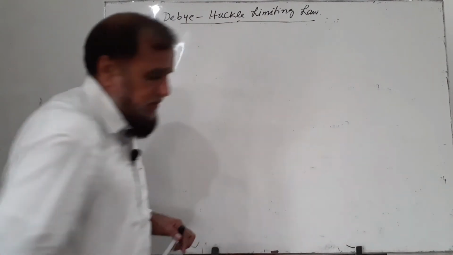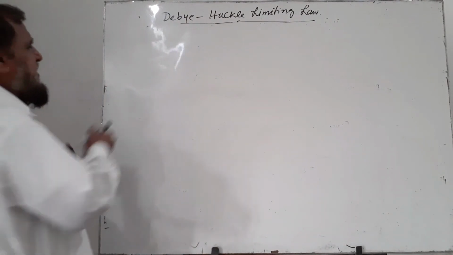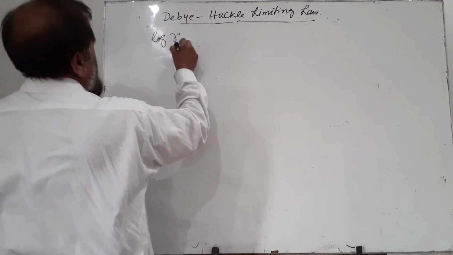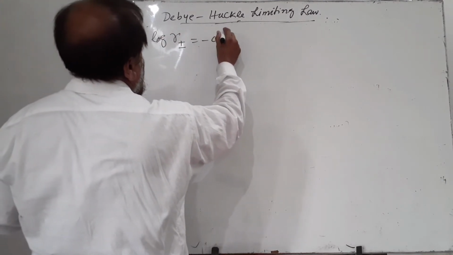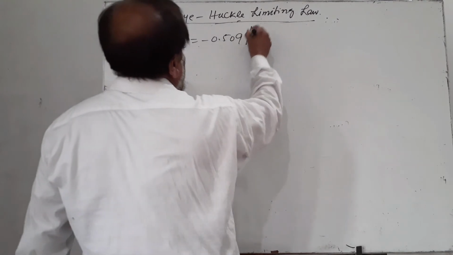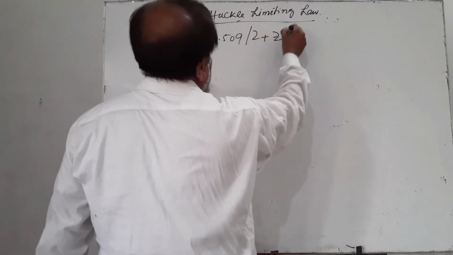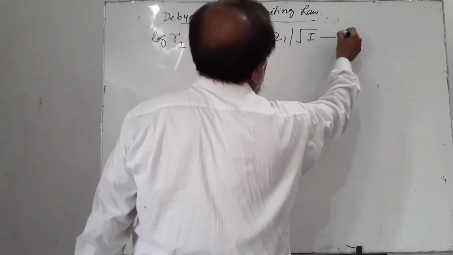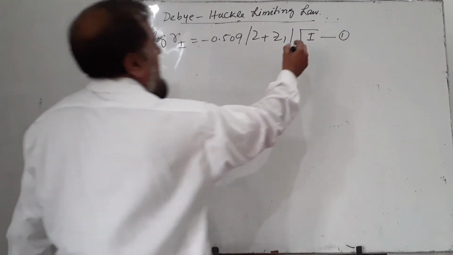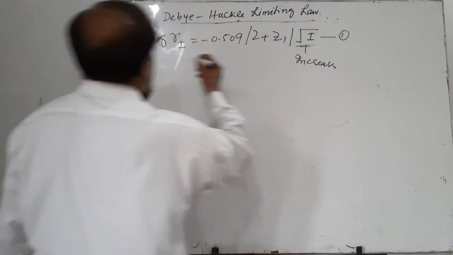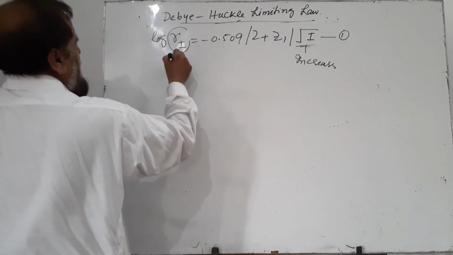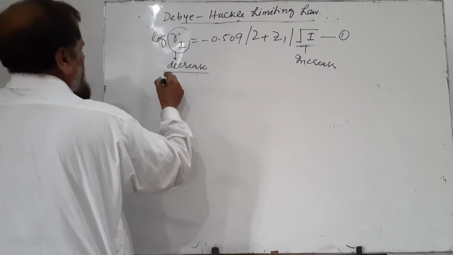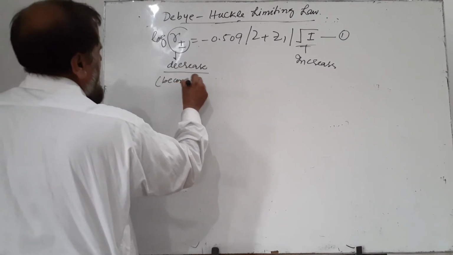If we look at the mathematical form of the Debye Huckel limiting law, we have the equation log gamma plus minus is equal to minus 0.509 z plus z minus into square root of ionic strength. When the ionic strength increases, the activity coefficient decreases, and the solution becomes more non-ideal.